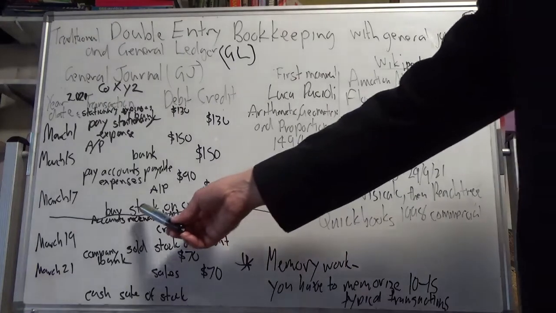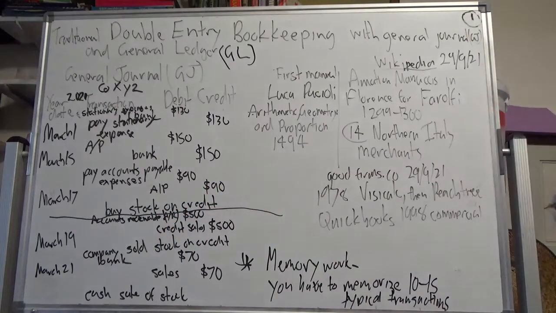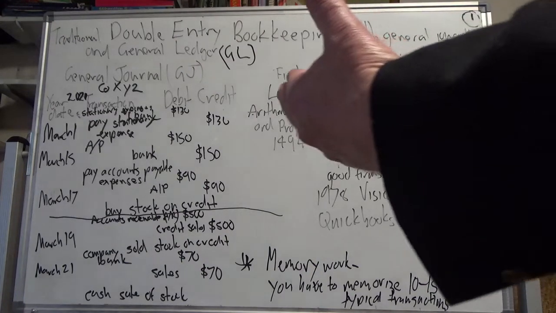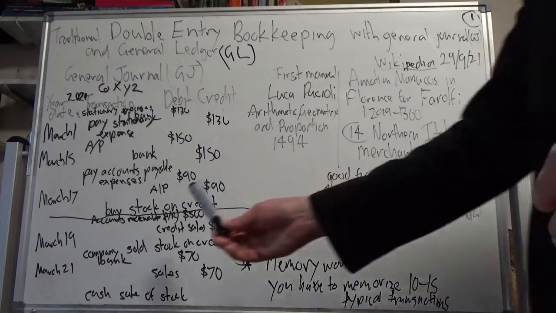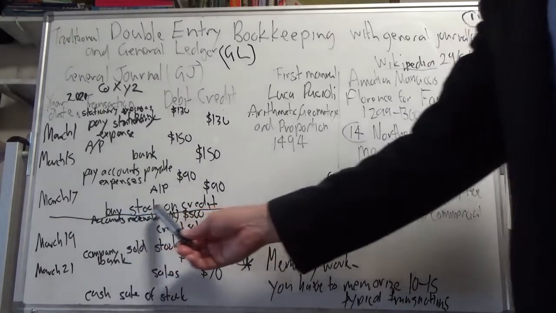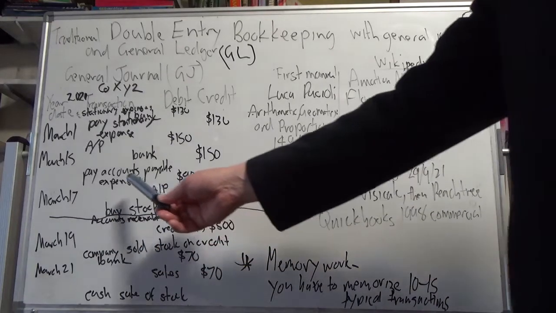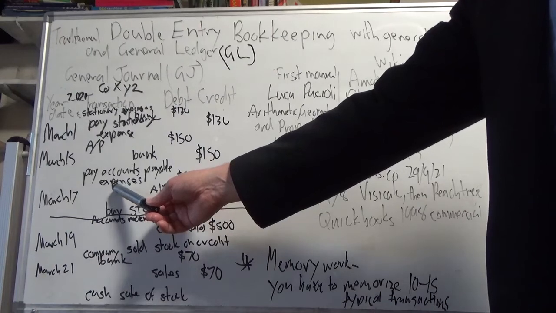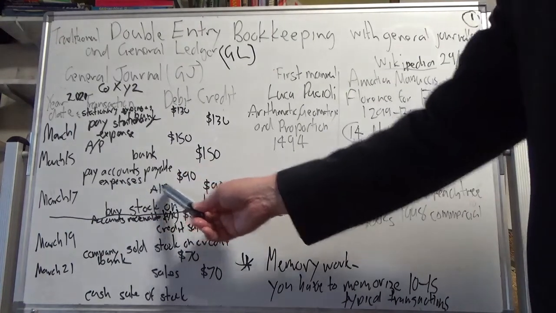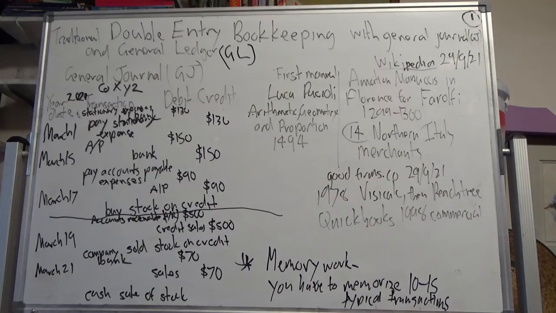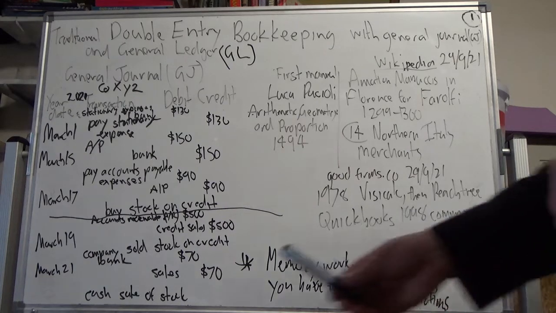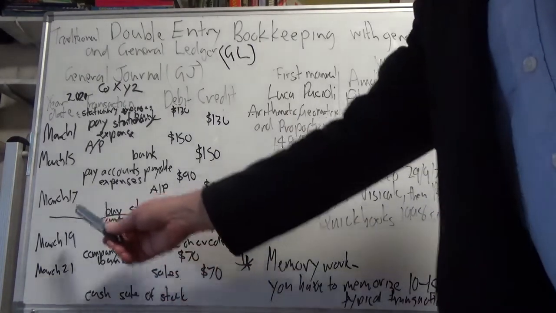And also inventory has another entry which I'll get to later where inventory interacts with COGS to either increase inventory or decrease inventory. But just a summary of this transaction, buying some stock on credit: you debit the expenses, always a debit item, and you credit accounts payable. Okay, so you owe money for that stock which has to be paid to the company at a later time. That's another transaction. So that was March the 17th.